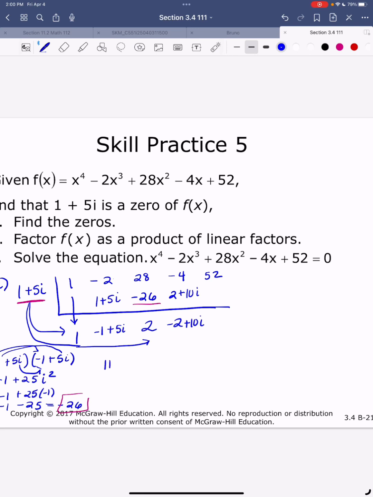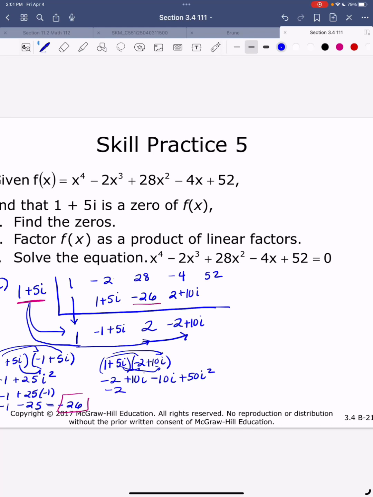Now I have 1 plus 5i, and this is going to be multiplied to the negative 2 plus 10i. So now I'm here. So I know that when I FOIL, I'll get negative 2. 1 times 10i is just going to give me a 10i. And then I have minus 10i. And then I have 5i times 10i, which will give me plus 50i squared.